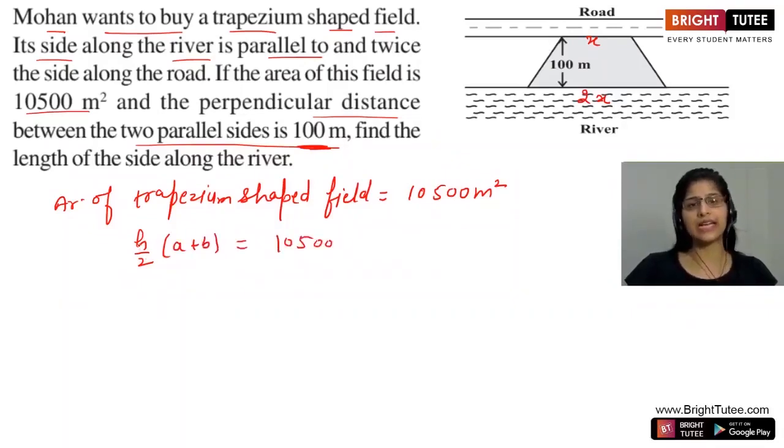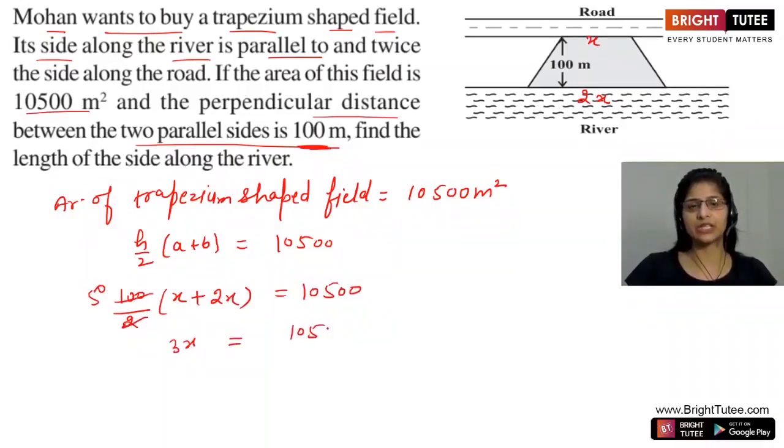Now what is the height given to us? It is 100 upon 2. Now x plus 2x, that is the two parallel sides, equal to 10,500. So you can cancel it with 50. So x plus 2x becomes 3x equal to, 50 is in multiplication, here it will go in division. So cancelling it, 5 ones are 5, 5 twos are 10, then 5 ones are 5, and then we get 0.